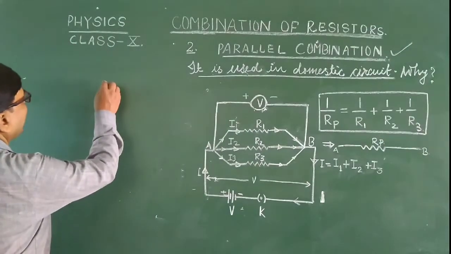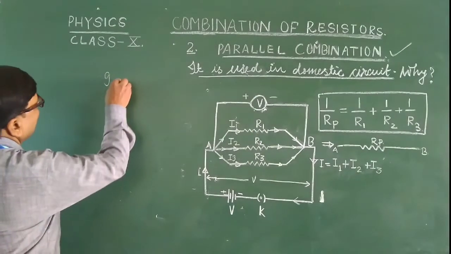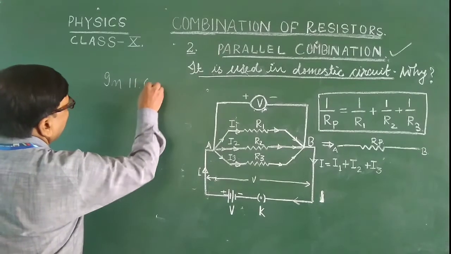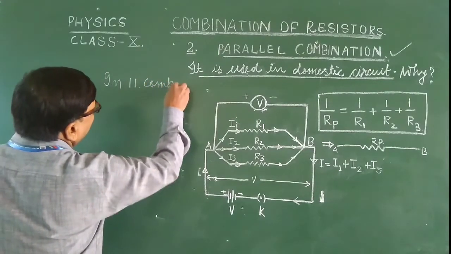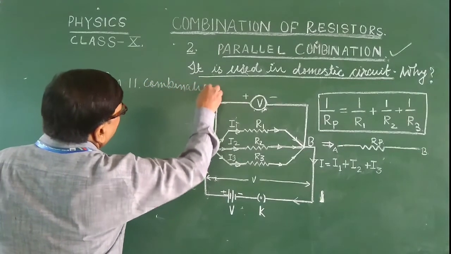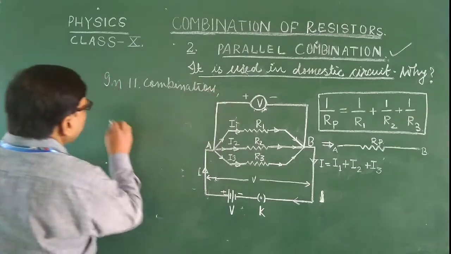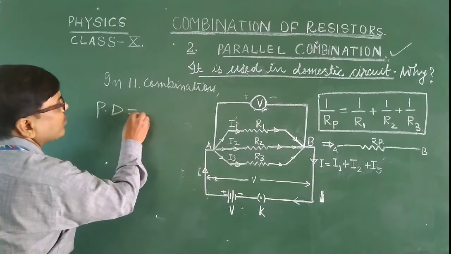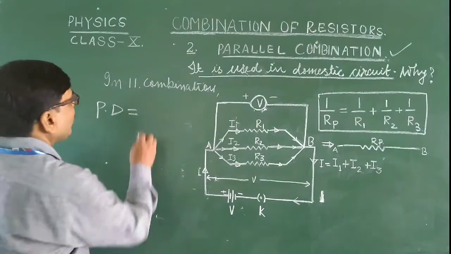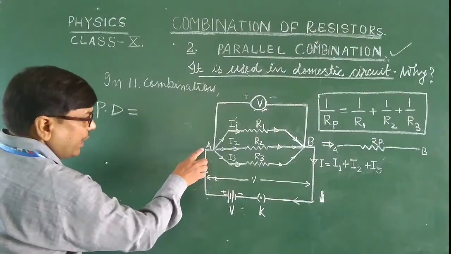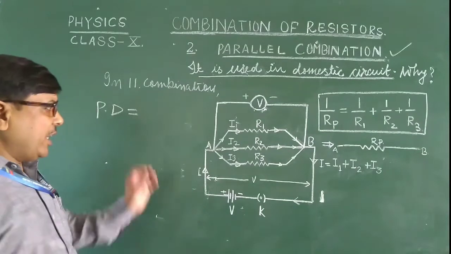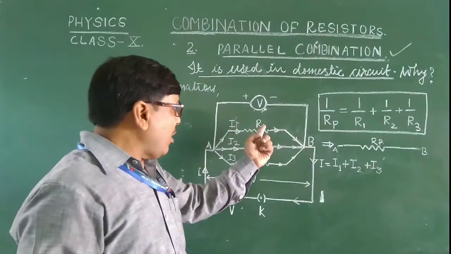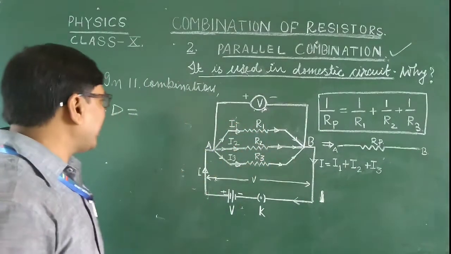So in parallel combination, what is the same? Potential difference remains the same. A and B are 2 points between which resistances R1, R2 and R3 are connected.